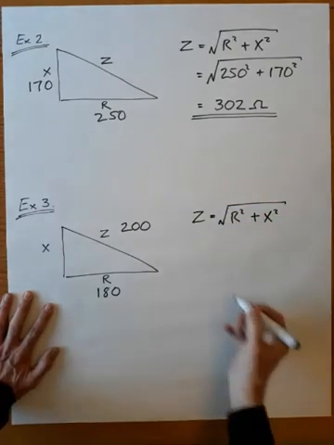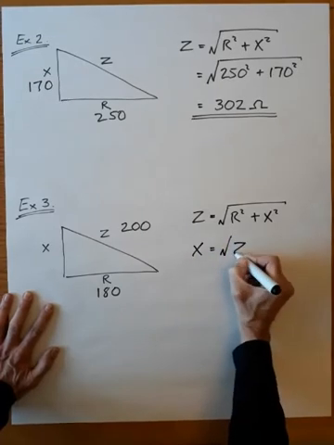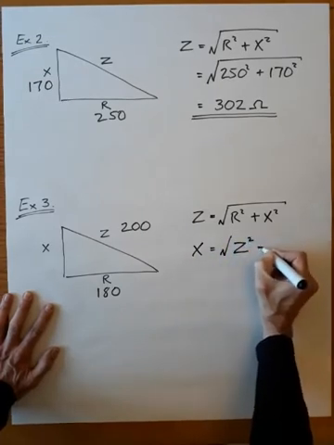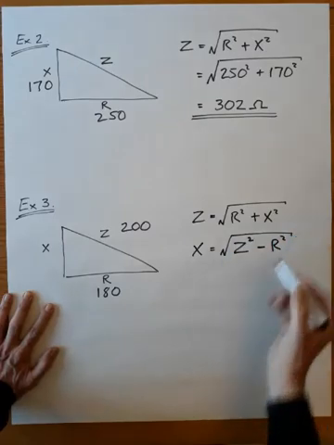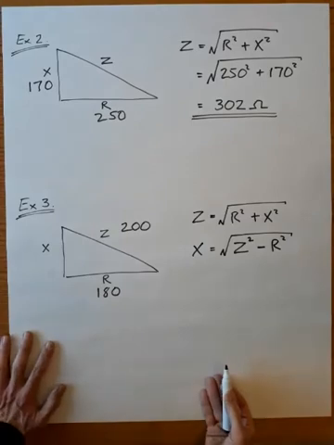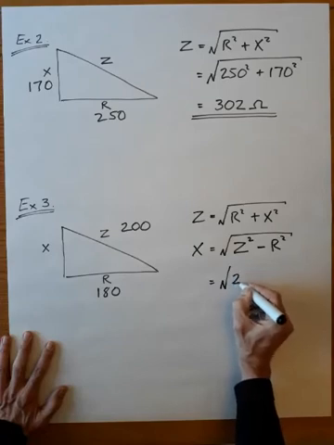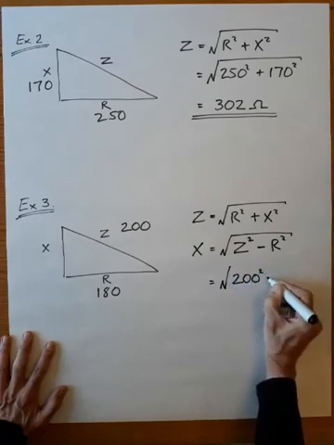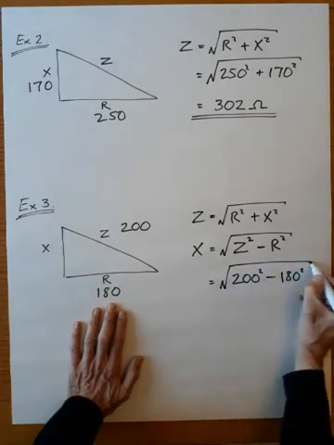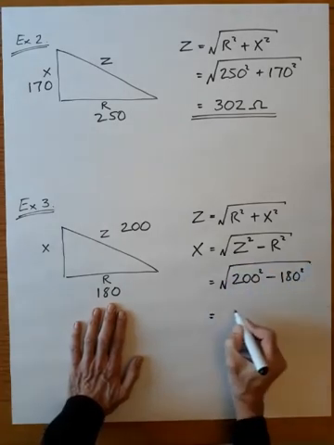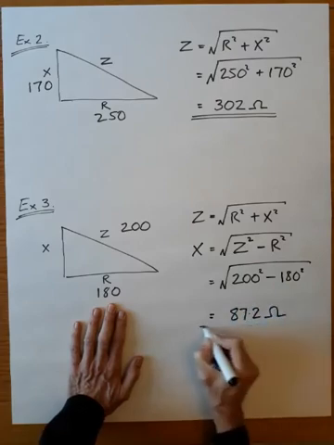And if you transpose it, you will find X is the square root of Z squared minus R squared. We'll come back to that in just a moment. If we put the numbers in that we have, the square root of 200 squared minus R is 180 squared. Put it in your calculator, 87.2 ohms.